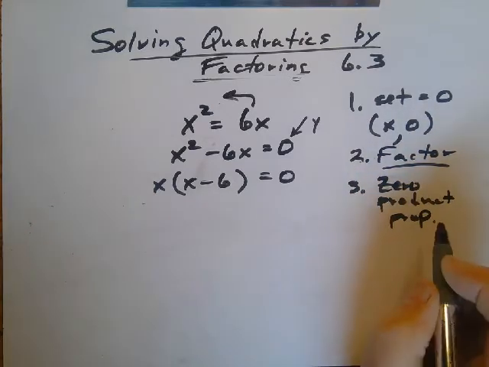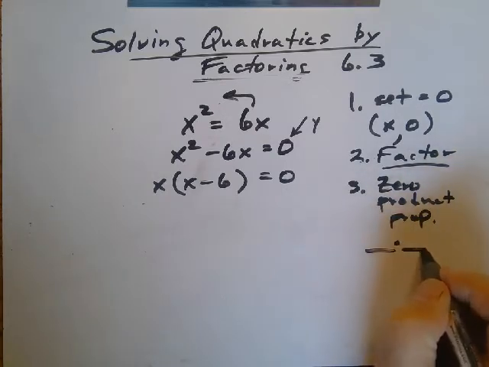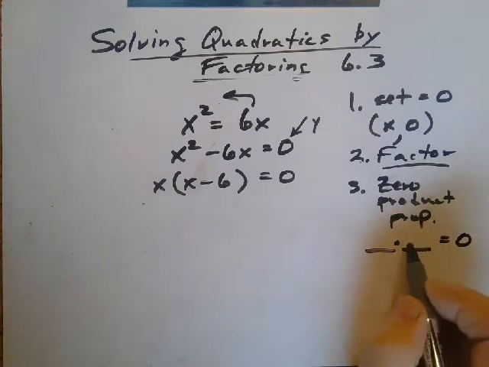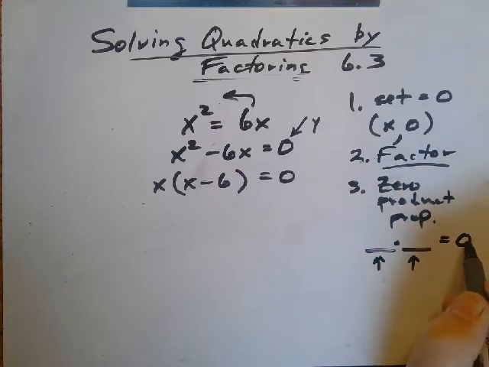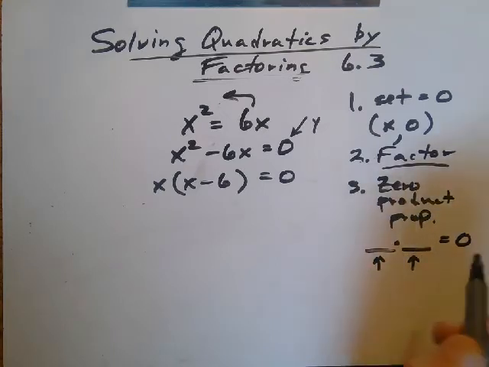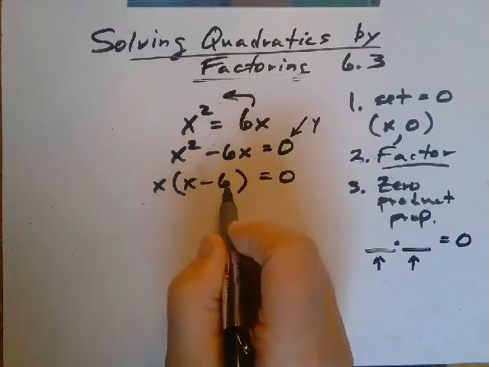The zero product property says if 2 things are multiplied together and they equal 0, one of them or both of them could be 0. Either this is 0 or this is 0. One of them has to be 0. So we know that x could be 0 and x minus 6 could be 0.